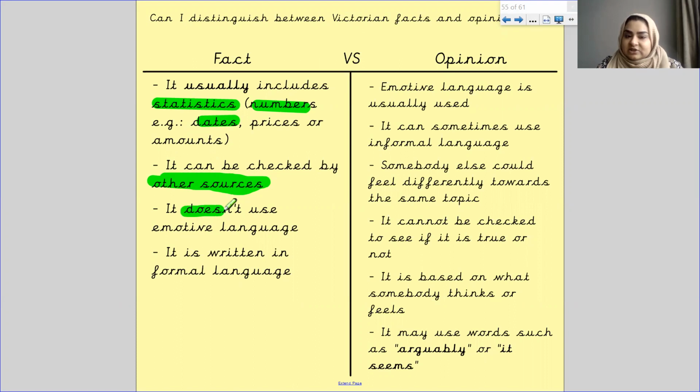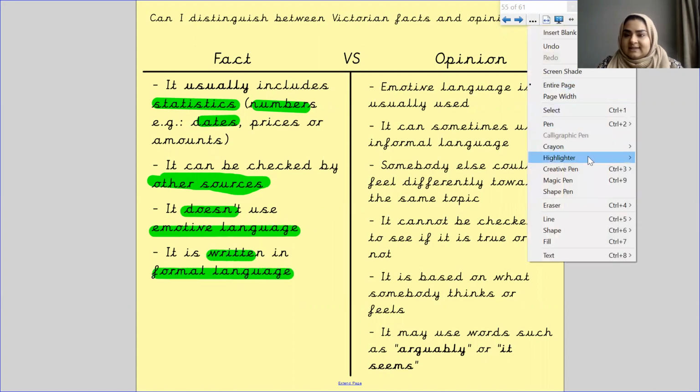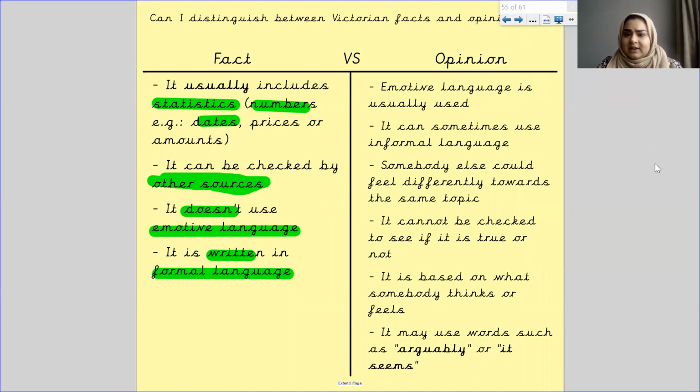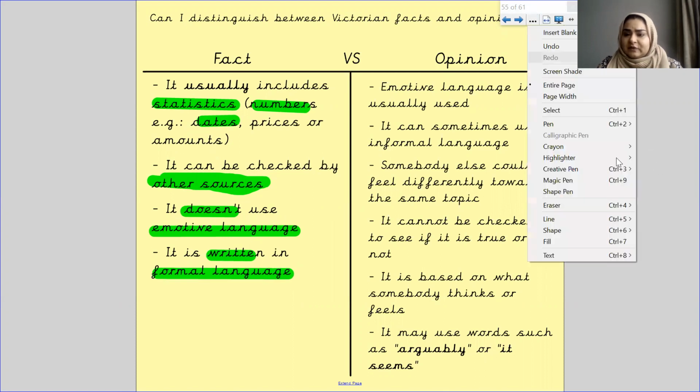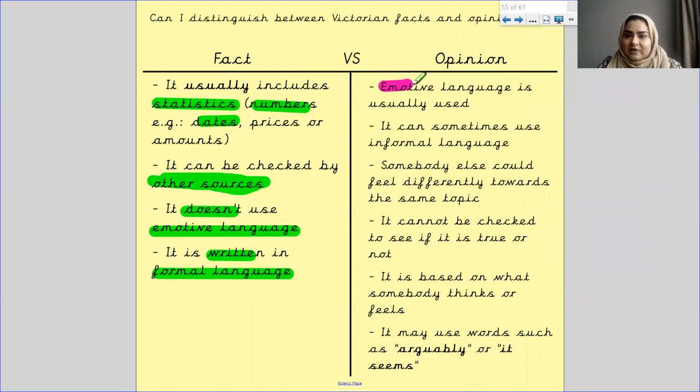It doesn't use emotive language, and it is written in formal language. Whereas an opinion is the following. An opinion has emotive language. It can sometimes be informal.